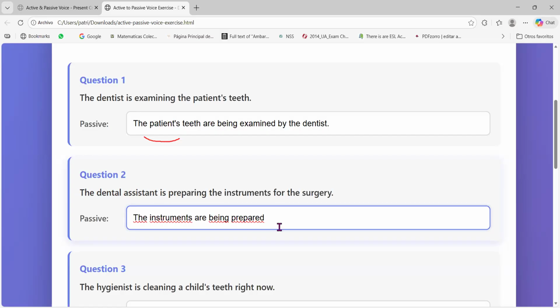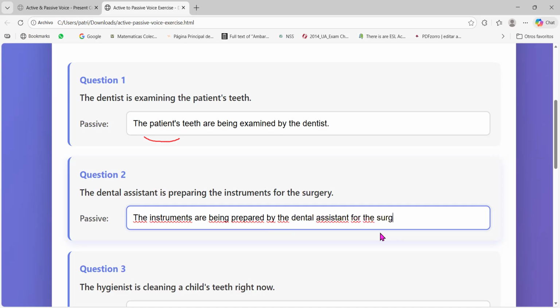By the dental assistant. Assistant. Yes. And the complement, my dear Sarah? For the surgery.